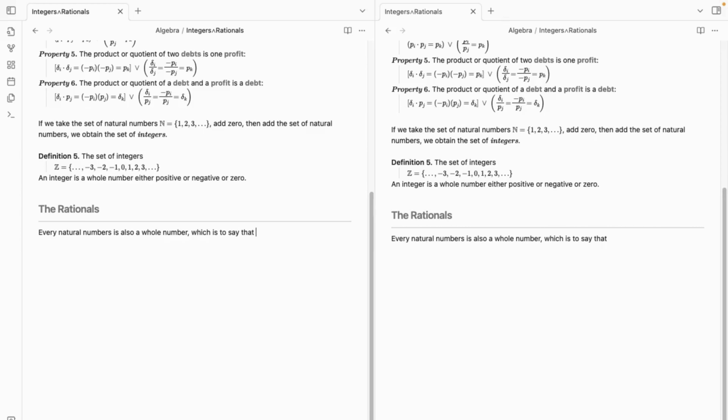Which is to say that if n is an element of the set of natural numbers, so just a bit of set notation here, that would imply that it is also an element of the set of whole numbers, right?